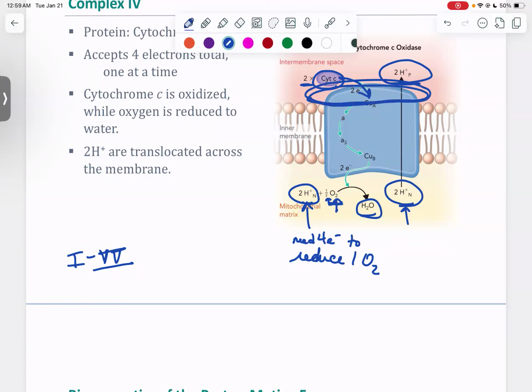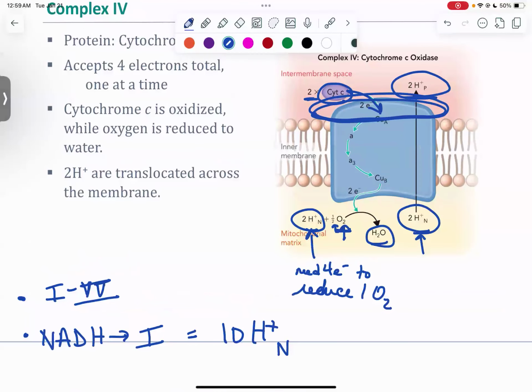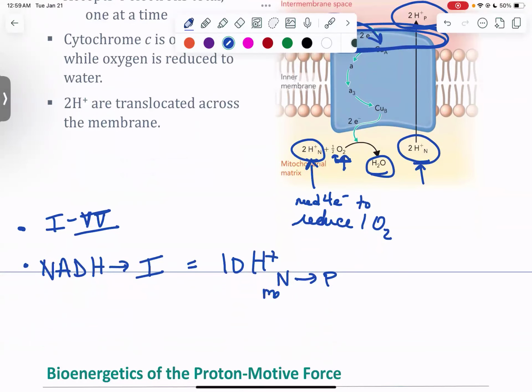And if you start with NADH, that goes to complex 1, and that results in 10 protons being moved from the negative area to the positive area, or from the matrix to the inner membrane space.